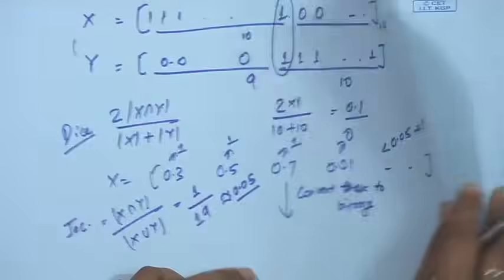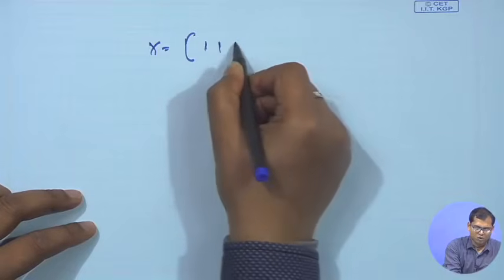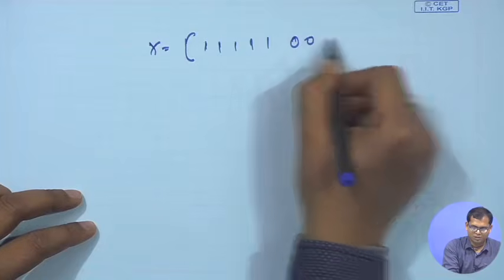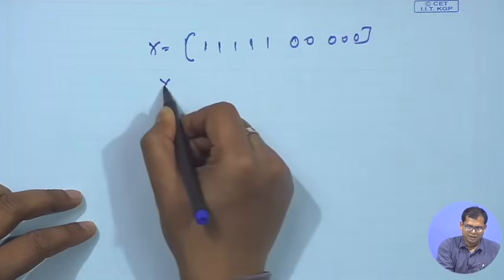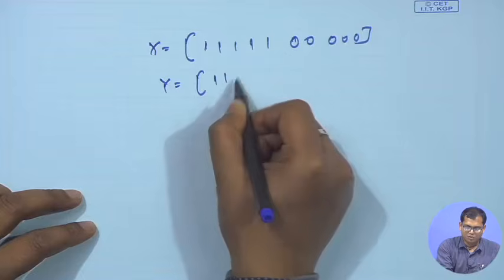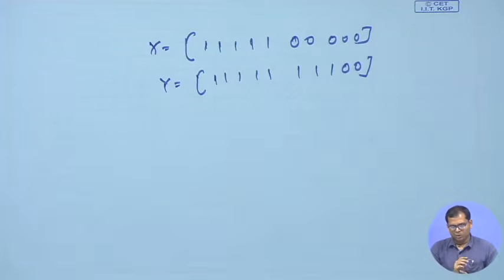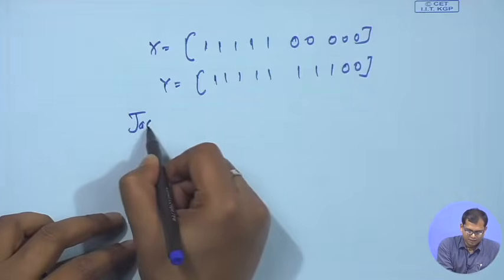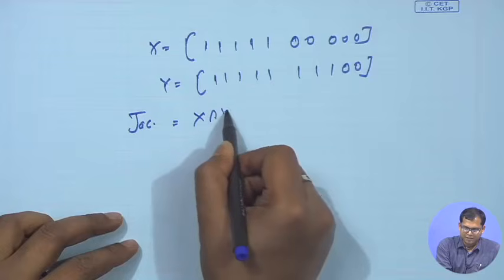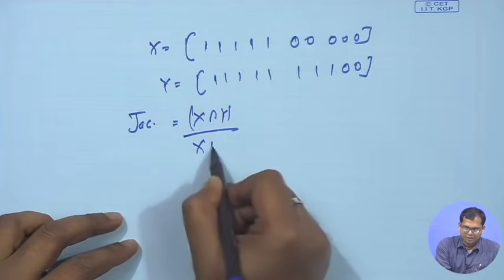So let us take a different case. Suppose my x is 1 1 1 1 1 0 0 0 0 0 and y is 1 1 1 1 1 1 1 1 0 0. Okay. So in this case, what will be the Jaccard? It will be x intersection y divided by x union y.